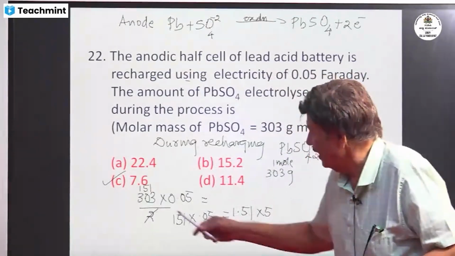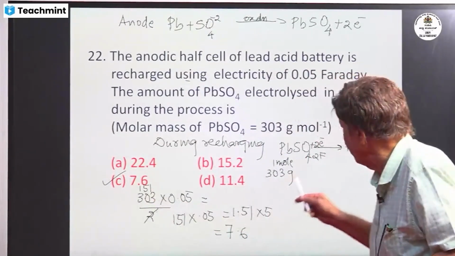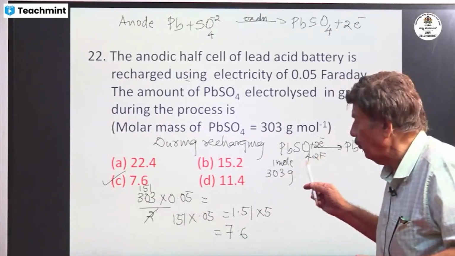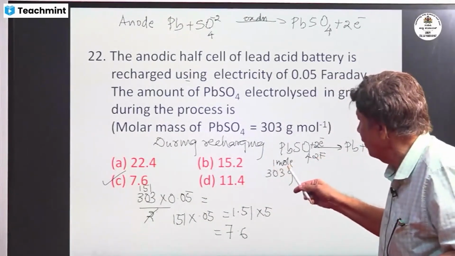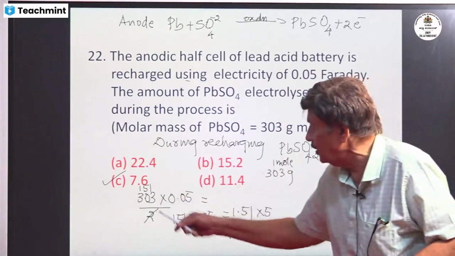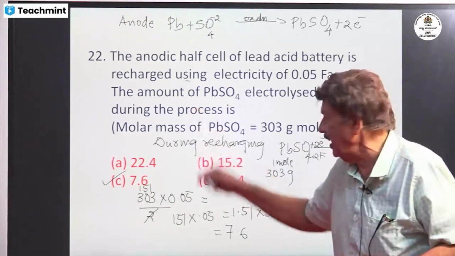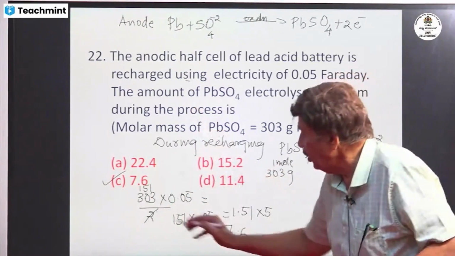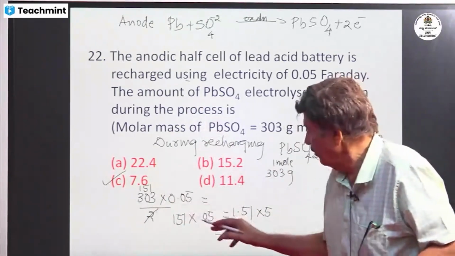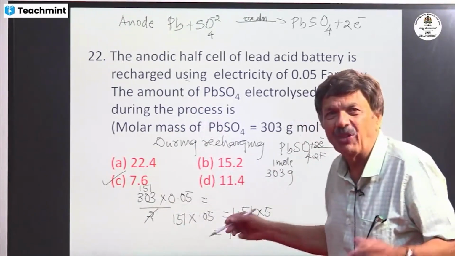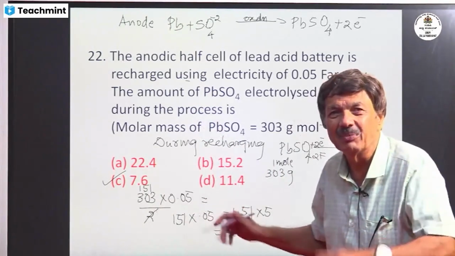Understand? See, 303. So you require how many? 2 Faraday. For 2 Faraday, 303 grams of PbSO4 is electrolyzed. But how much they are passing is 0.05 Faradays. What you do? 2 ones are 2, 151s. 151 into 0.05. To avoid the confusion because of this decimal, you do one thing.